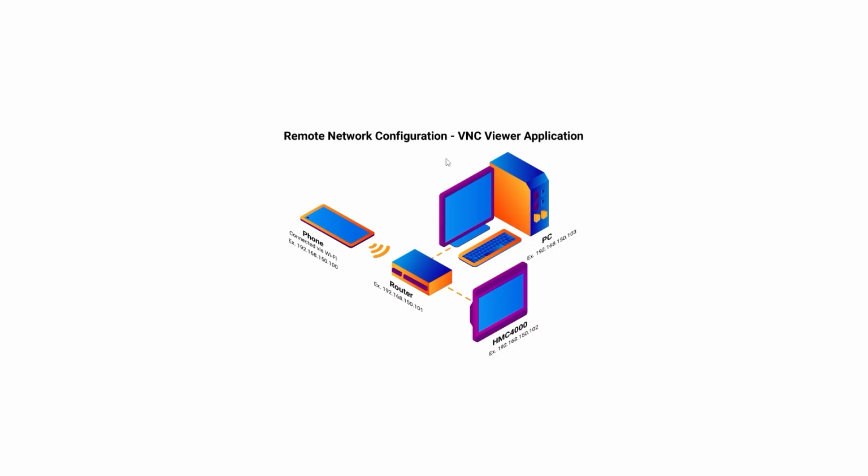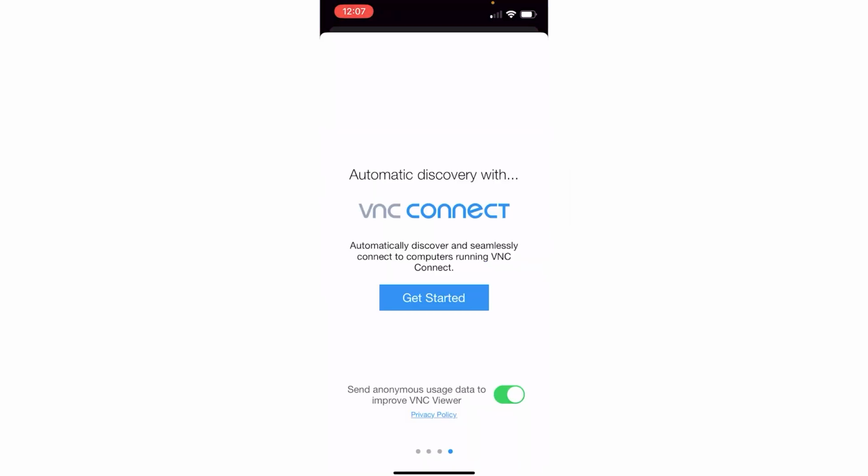Okay, so now I'm going to walk you through the setup of VNC Viewer on your phone using Wi-Fi to connect. So the HMC device is still going to be hardlined via Ethernet cable into the router you're using, but your phone is going to be connected through Wi-Fi to that router. So you are now looking at VNC Viewer on my phone.